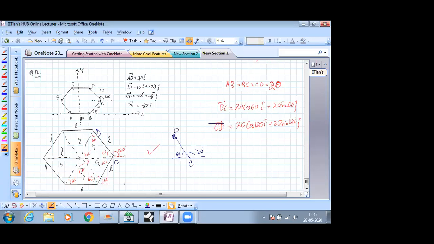So this angle is the x-axis direction, this is the positive x-axis. So that's why when we consider CD's angle, it will be this one. This 60 is the angle with the negative x-axis. This is the angle with the positive x-axis. That's one.